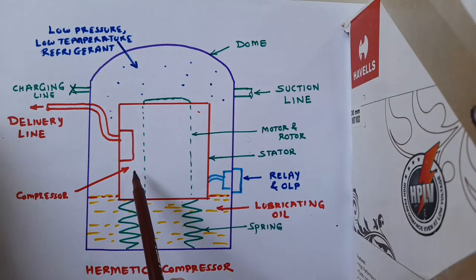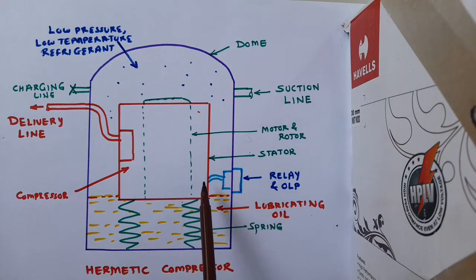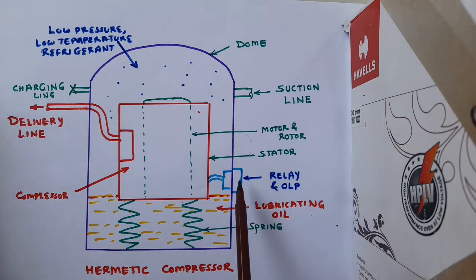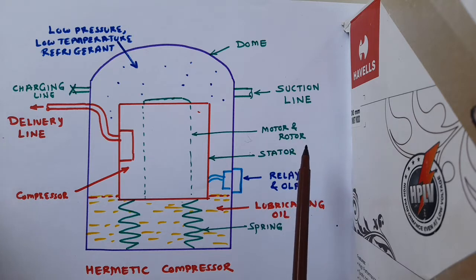Compressor has connecting rod, piston, cylinder and a crank. Then the supply is given to this motor through relay and OLP. OLP stands for overload protector, and then the connection is set to the outside source of power.